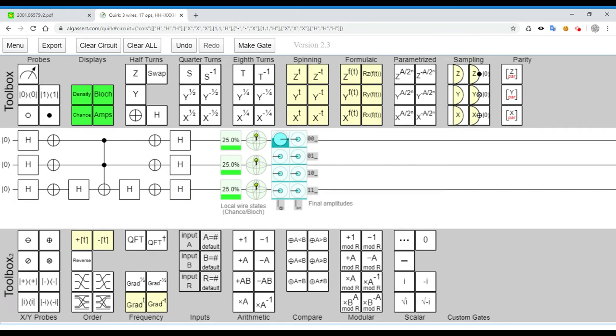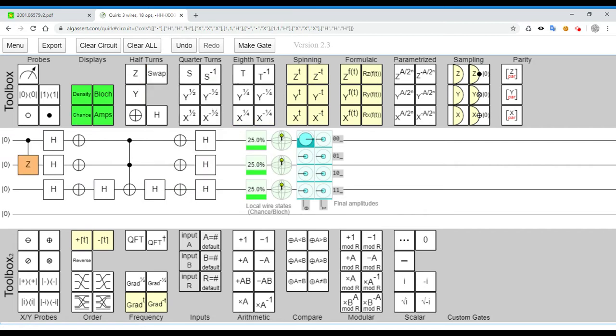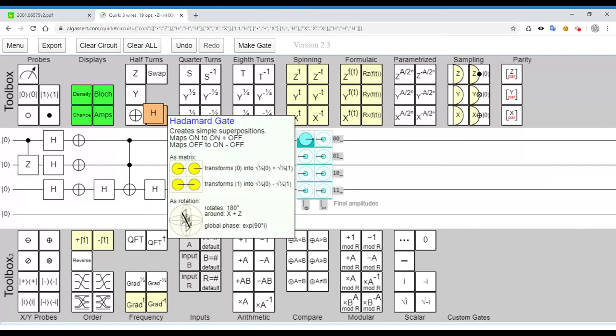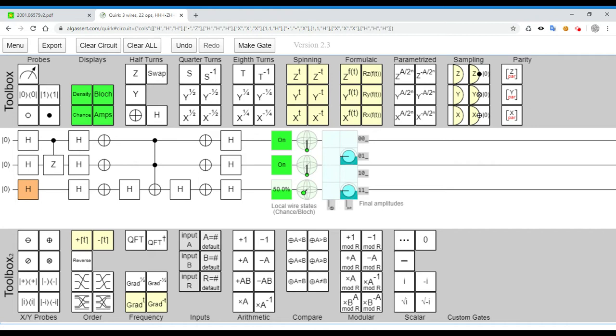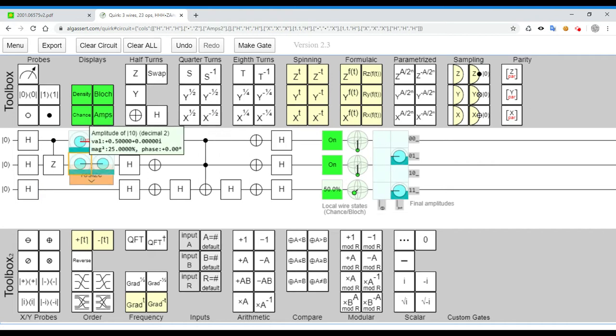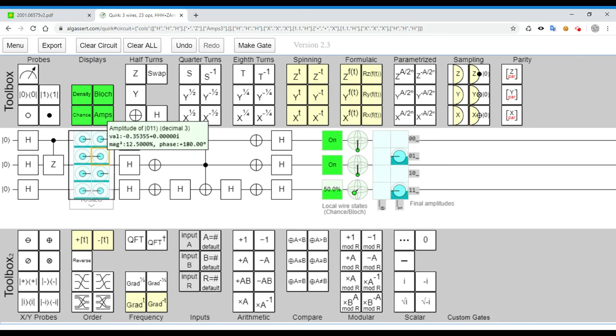So if I now want to phase, and this is the amplification, I'm just going to make a really simple oracle, just to test that it's correct. First we get into superposition, and then we drop in this control Z, which basically flags that 0, 1, 1 state.